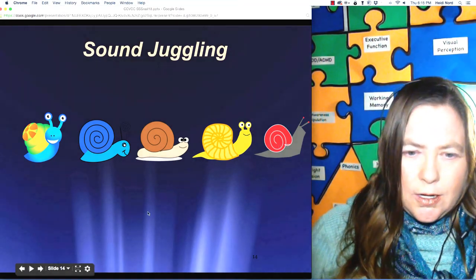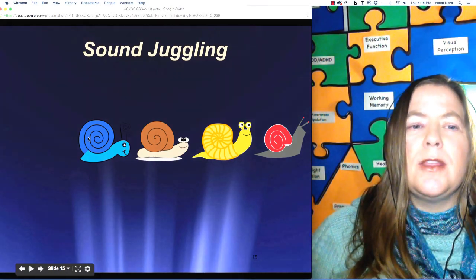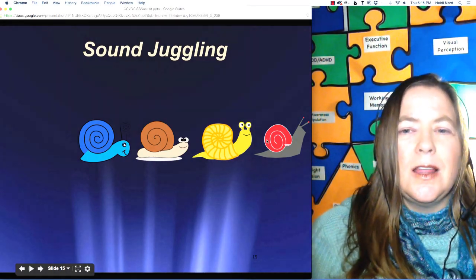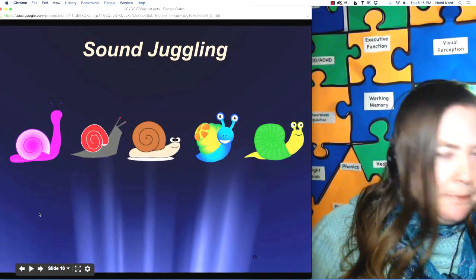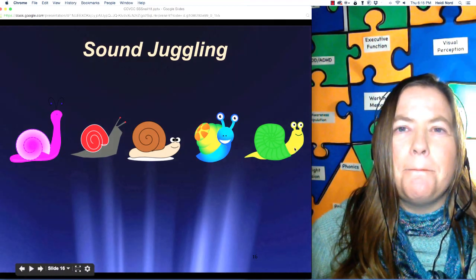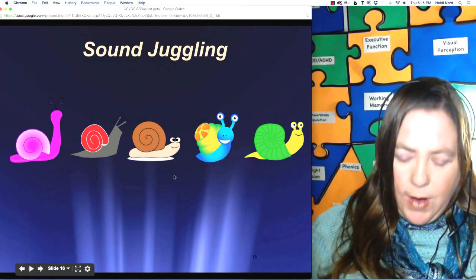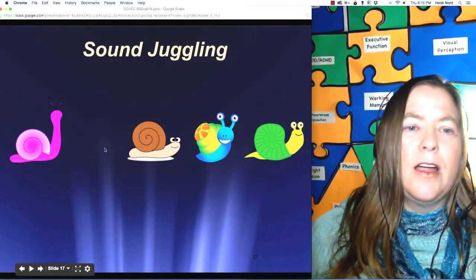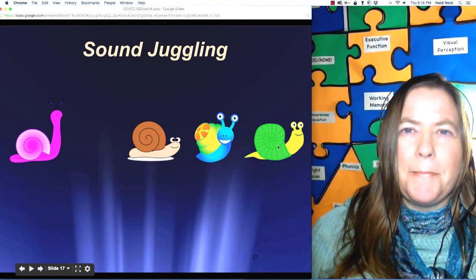In scold, what happens if I take off the s? You're left with cold. This next one is tramp. In tramp, what happens if I take off the r? You're left with tamp.